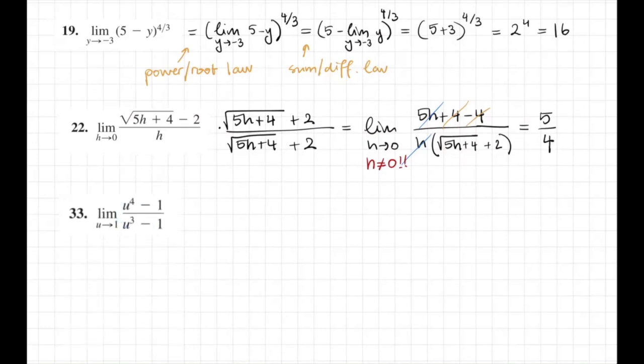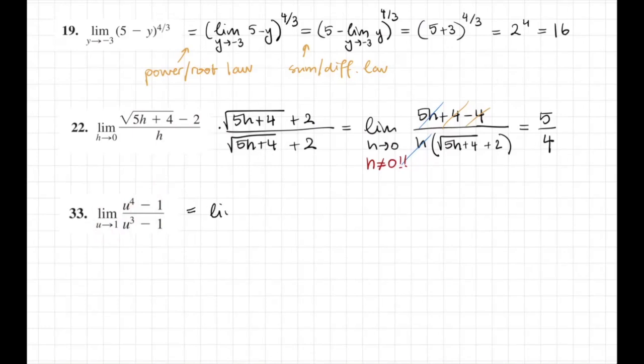And yep, the last one. Here we can use the factors. I mean, we can find the factors and cancel the ones with u minus 1, right? Because u goes to 1, this is 0 over 0. We should have two factors in the numerator and denominator of u minus 1, hopefully.